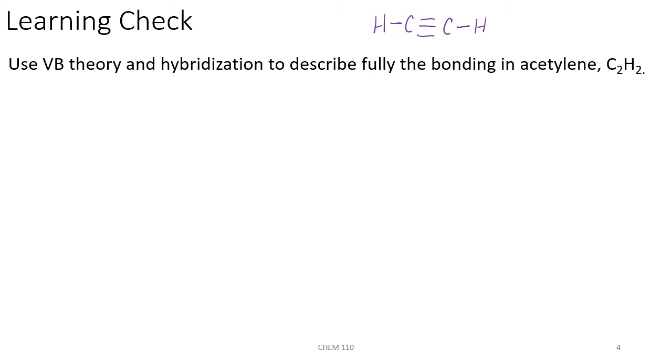So if we're going to end up describing a triple bond, we're going to have to describe a sigma bond plus 2 pi bonds. And then everywhere that there is a carbon-hydrogen bond, that's a single bond, so that would just be a sigma bond there. Once again, since there's no actual central atom, we can just pick one of the carbons and call it our central atom for now, and then the other carbon will be identical on the other side.